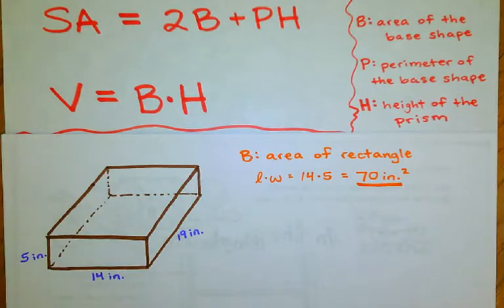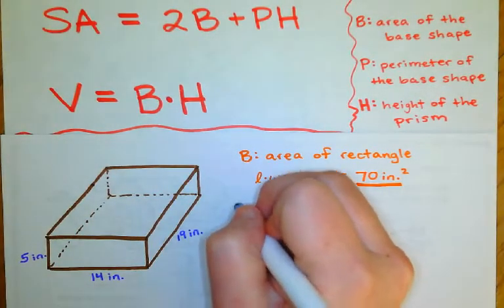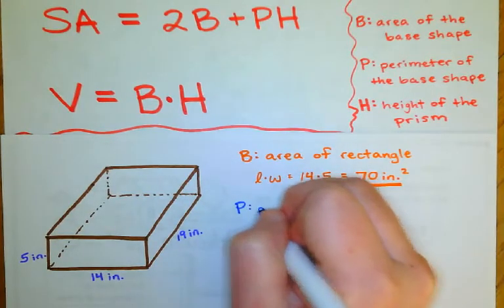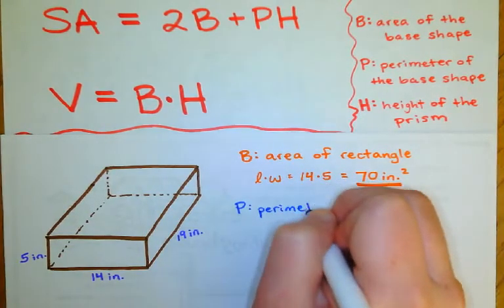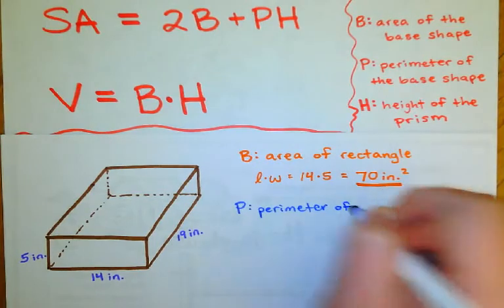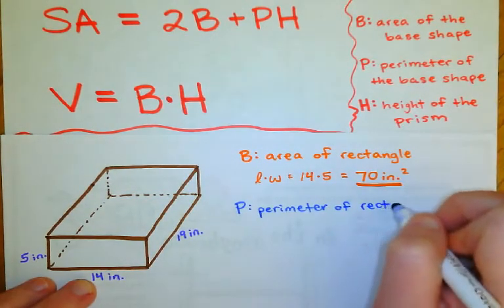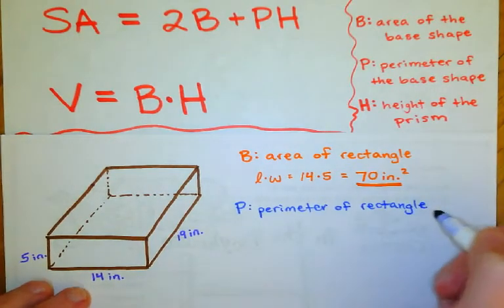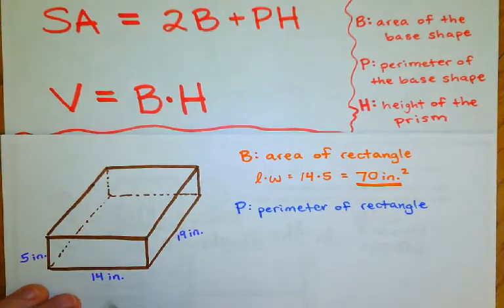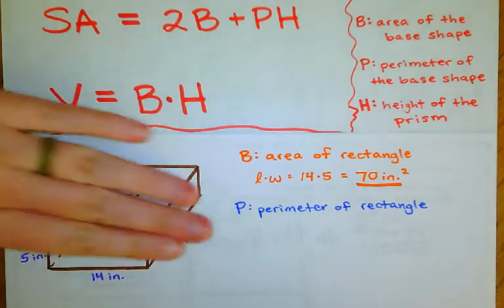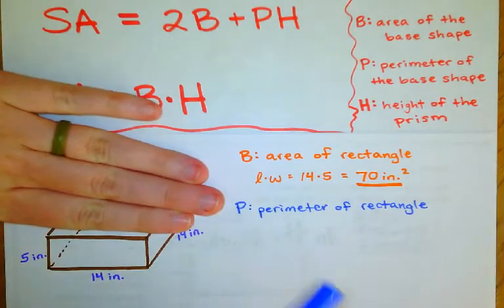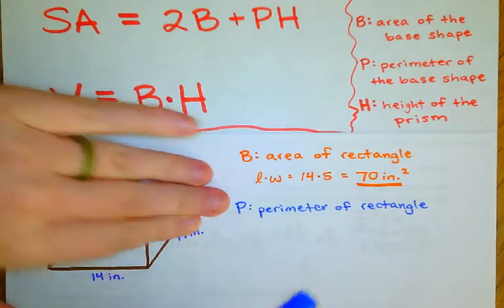Alright, now let's take a look at our P, the perimeter of our base shape, which is the rectangle. And again, perimeter is when we're adding all the sides. So I'm going to take this one rectangle here, not worry about the stuff behind it, just this one rectangle, and add all the sides.